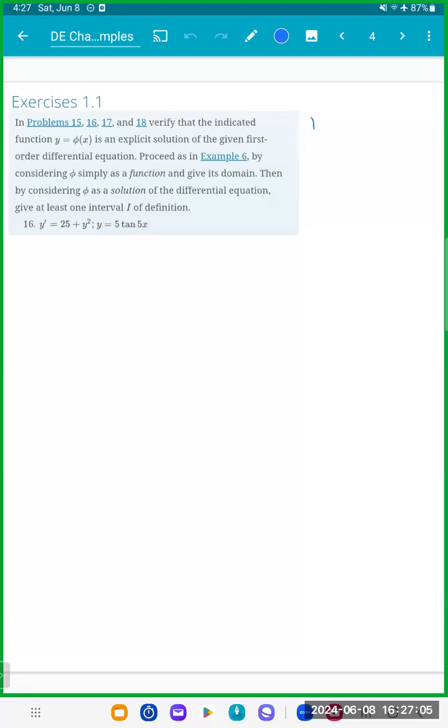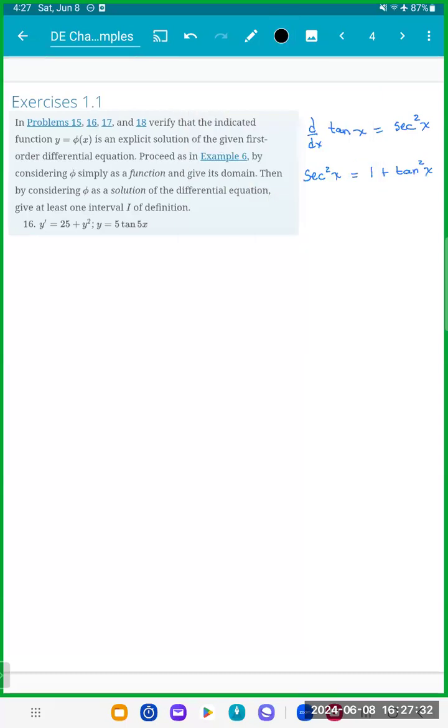The derivative of the tangent of x is secant squared of x, and secant squared of x is the same as 1 plus the tangent squared of x. So we might need those in part of our solution.